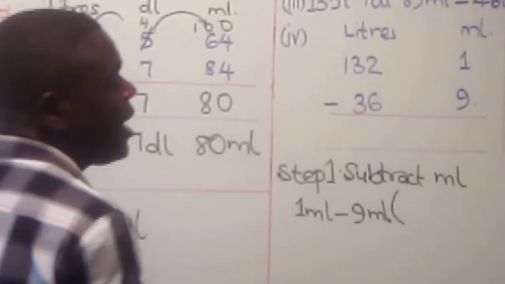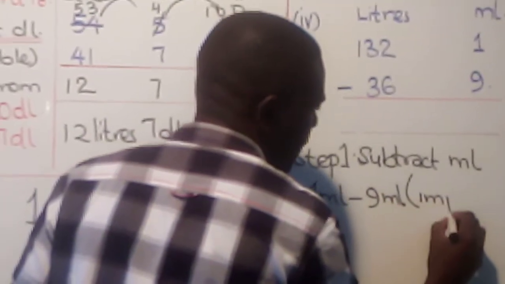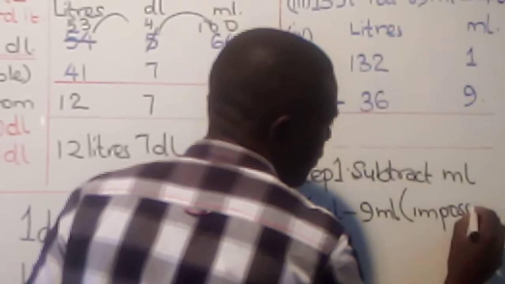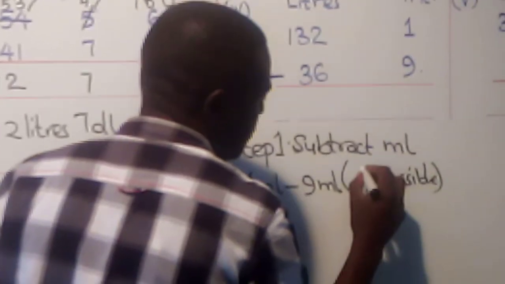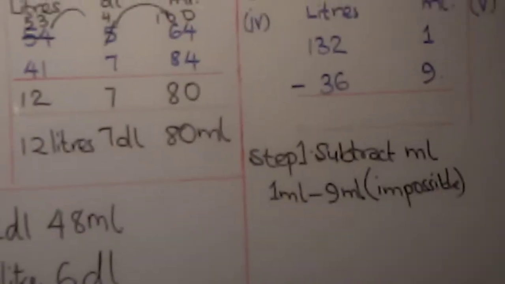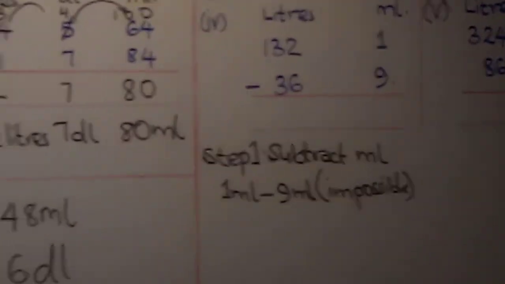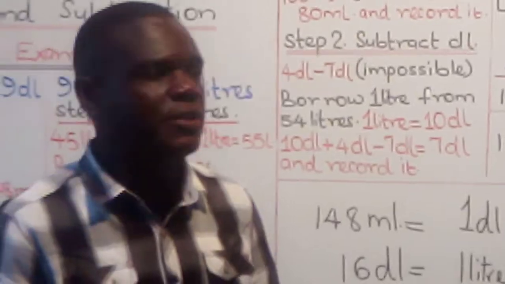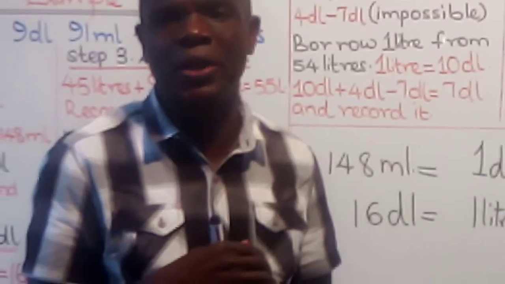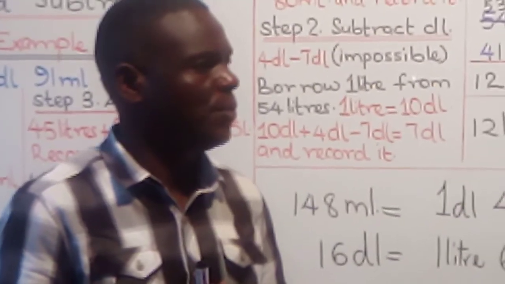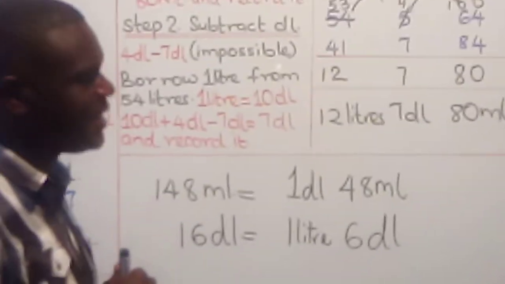This is impossible. Boys and girls, this is impossible. What are we going to do? Somebody, Collins Omondi, what are we going to do, Collins? Wonderful. We are going to borrow 1 liter.